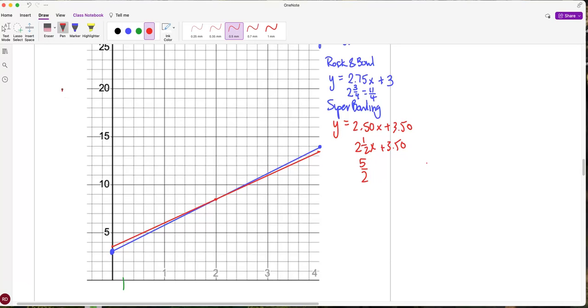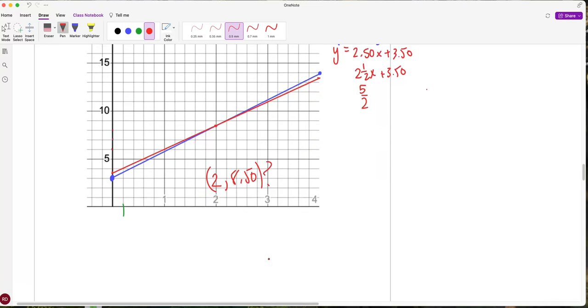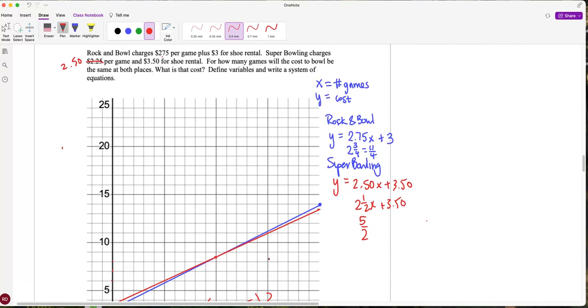So it appears that x is 2, and this is 6, 7, 8, I'm going to guess 850. If that's going to work, 2 and 850, all we have to do is look at both equations. If you put in a 2 for x there, you get 550 plus 3, which is 850.